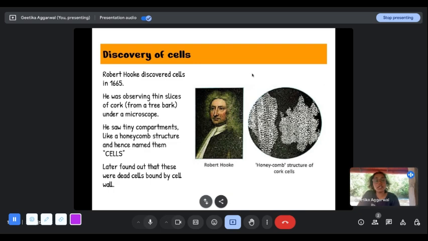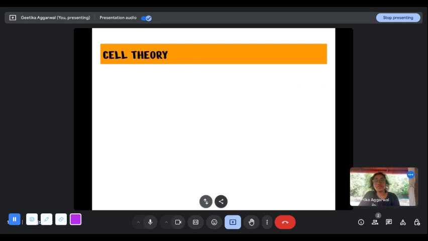He saw tiny compartments, as you can see in this image, which gave a honeycomb appearance and looked like tiny rooms, so he named them cells. Later he found out that these were actually dead cells, and what he was seeing was the cell wall boundary of these dead cells in the cork. This is how cells were discovered.